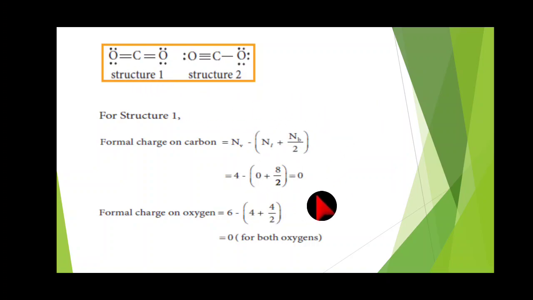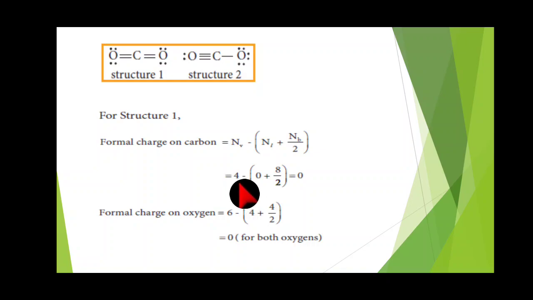So NV means what? The number of valence electrons of the carbon atom in its isolated state. So carbon's valence electrons we know very well, 4. Right? In the first structure you see 2 double bonds.